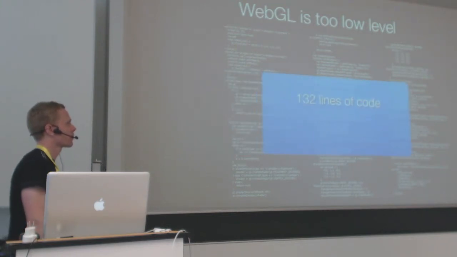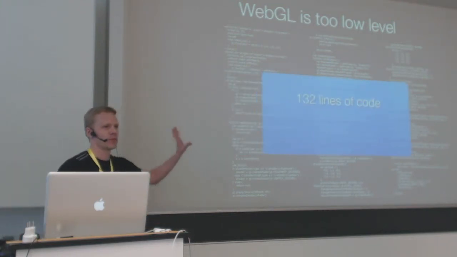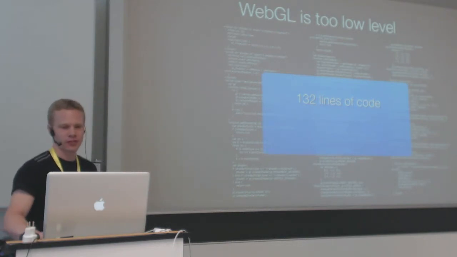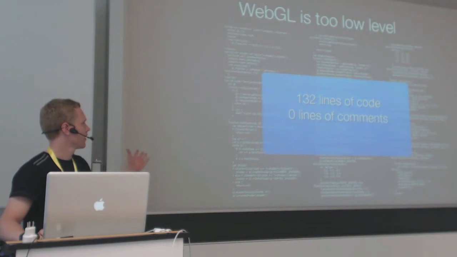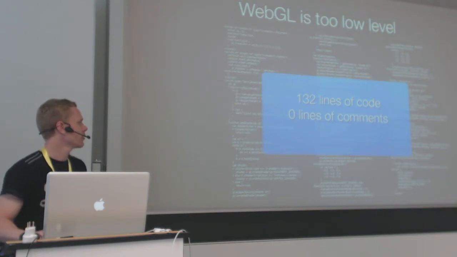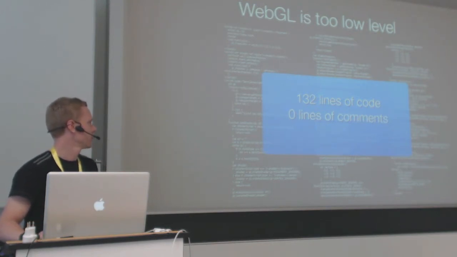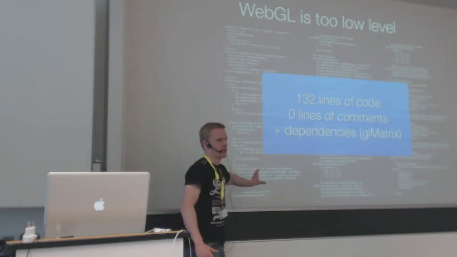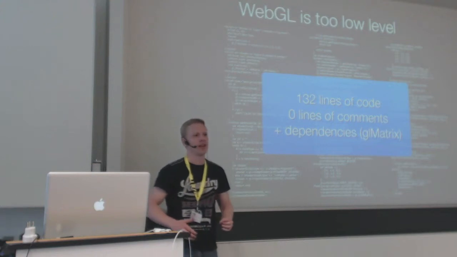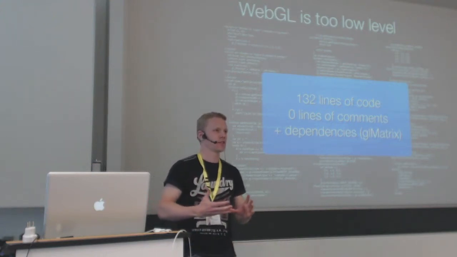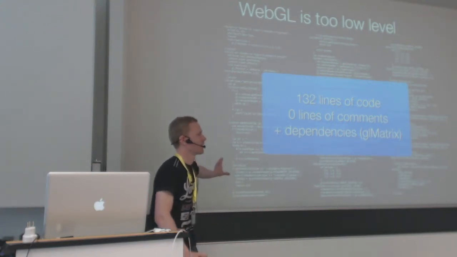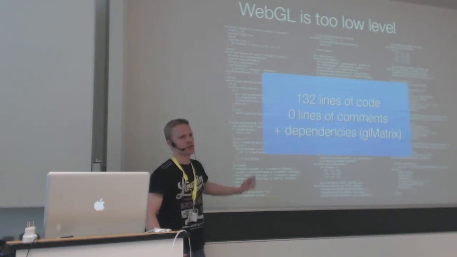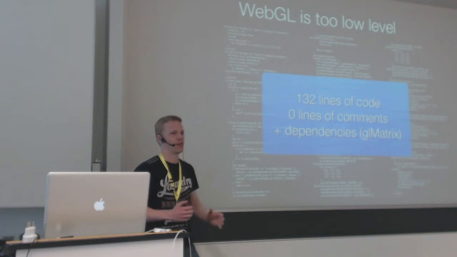You need 132 lines of code for rendering these two simple geometric figures, and there are no comments in this code. And that's actually not enough. Besides this code, you also need a library for handling some 3D math that is not included in this code. So in reality, you need more than this code to just create this very, very simple thing.